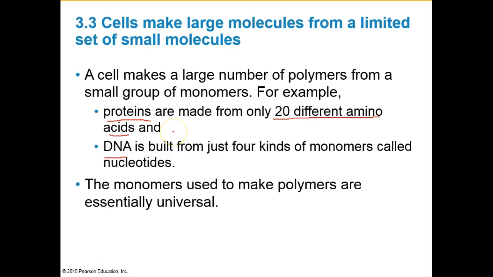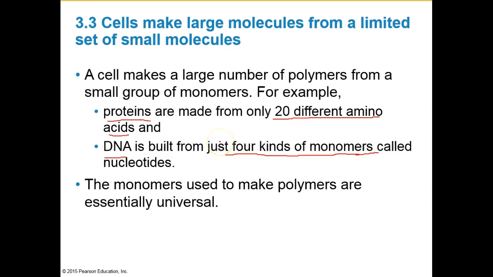DNA, and we've already talked about this last week, is built from just 4 kinds of monomers. Just those 4 things, those A, T, C's, and G's. And if we have 50% difference between us and a banana, that's how vastly different us and a banana look. Right?